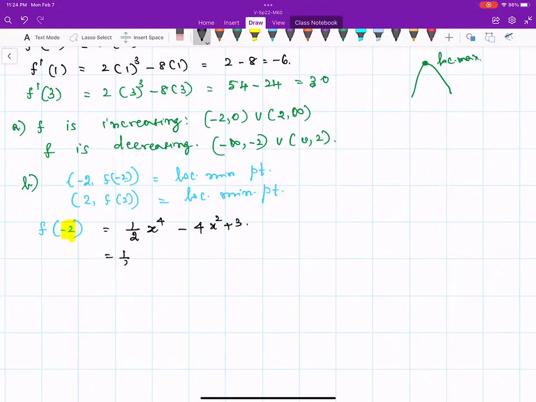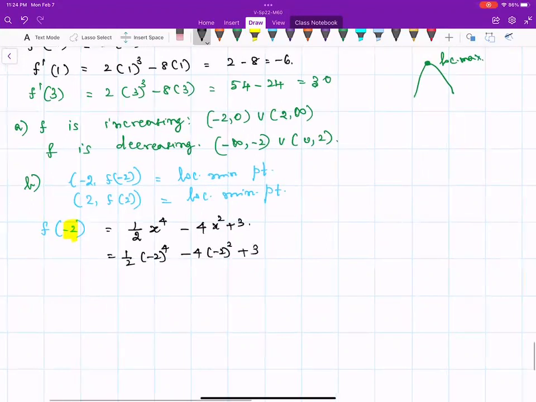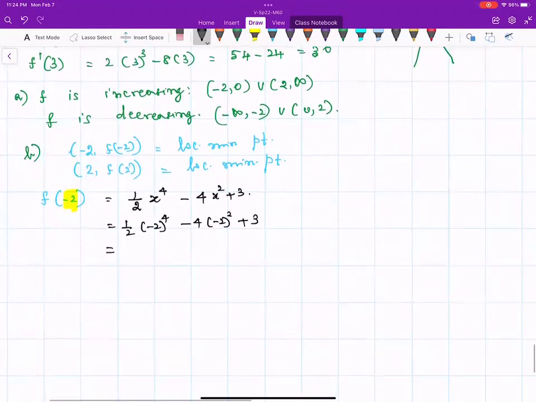We're going to plug in -2 in the place of x, which will be an even exponent, so it's all positive here. So it becomes 2 to the power 4 over 2, which is 2 cubed, which is 8, minus 4 times 4, that will be 16, plus 3. So it is actually 11 minus 16, which is -5.